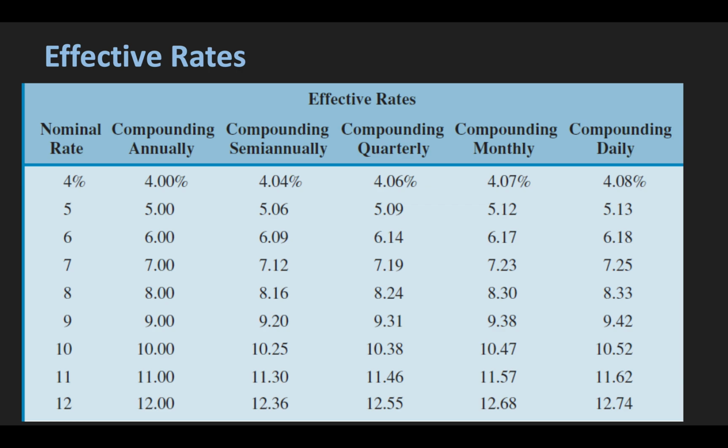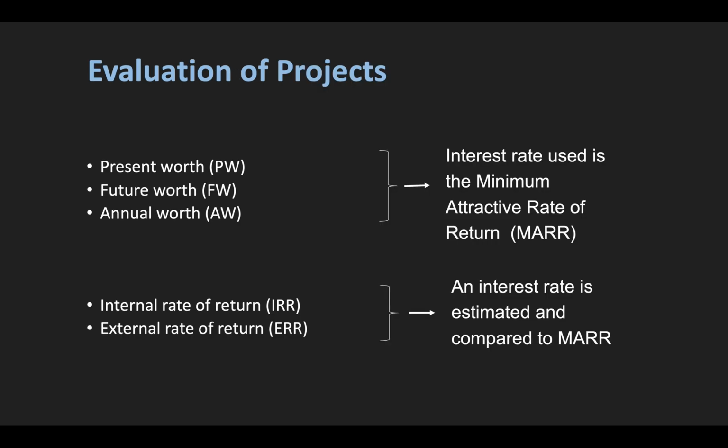So we're going to dive into the evaluation of projects. There are a few ways to understand how we evaluate a project. Many times we use the present worth, the future worth, or the annual worth. That's what we learned before. And we can use these to find out the minimum attractive rate of return, which is MARR.